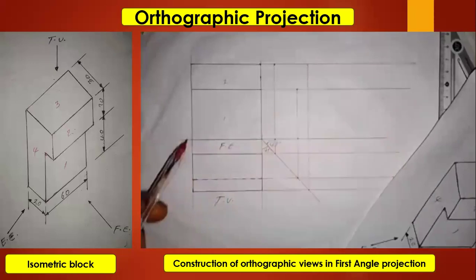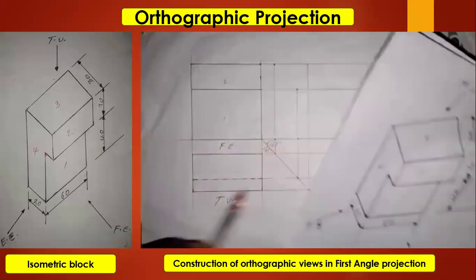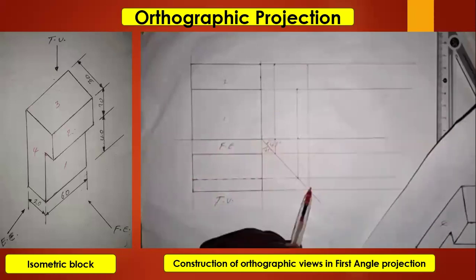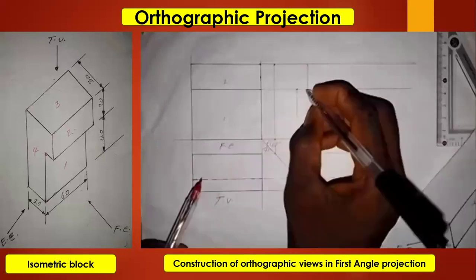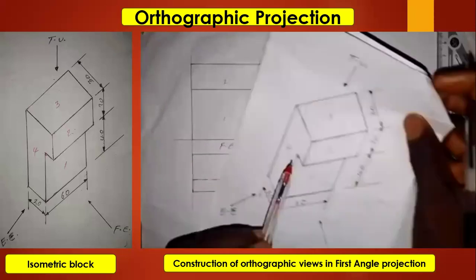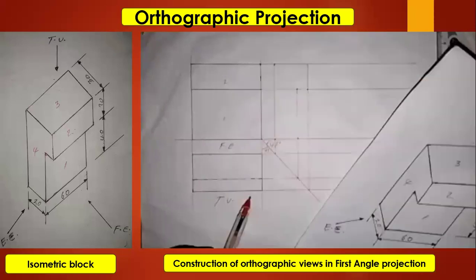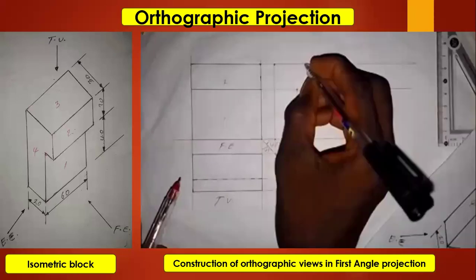What about the point that we have here? This point is here at this point. So I follow this line and go up, making sure to get the point here. Then the last point is this point, and this point here is also on this line.